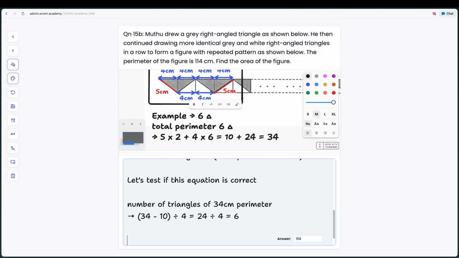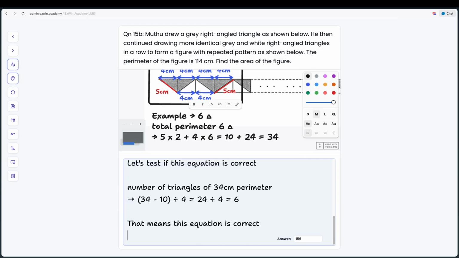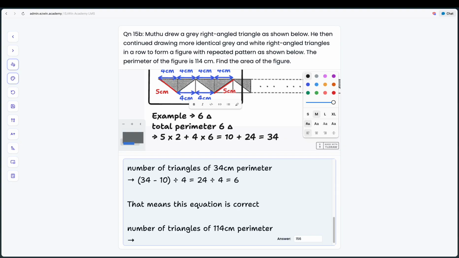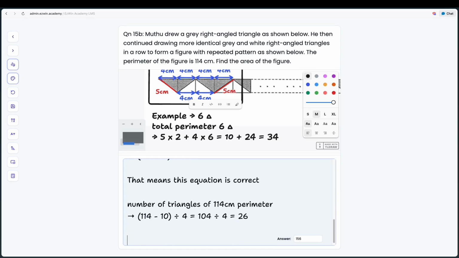So this equation is correct. If you were to have 114 over here, we use the same equation: 114 minus 10 divided by 4. This gives 104 divided by 4, which gives us 26 triangles.